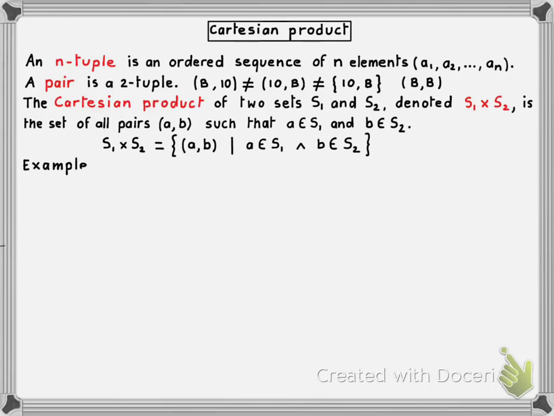So let's look at an example. Let's say S1 is the set containing the two people Jane and John, and S2 is the set containing the letters A, B, C, D, and F. Remember, to build the Cartesian product, you need two sets. These two sets do not have to contain elements of the same type.